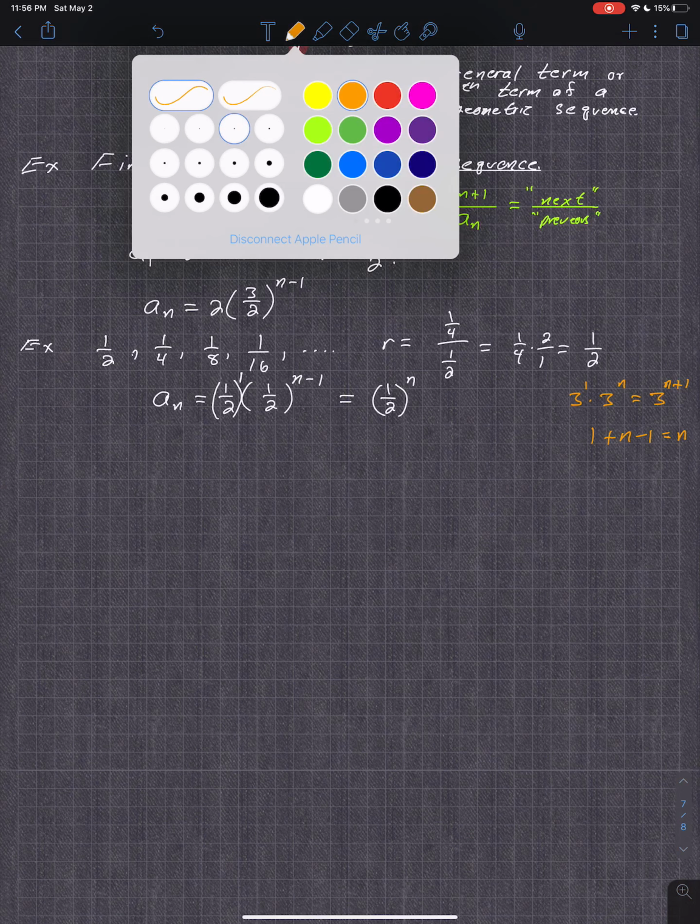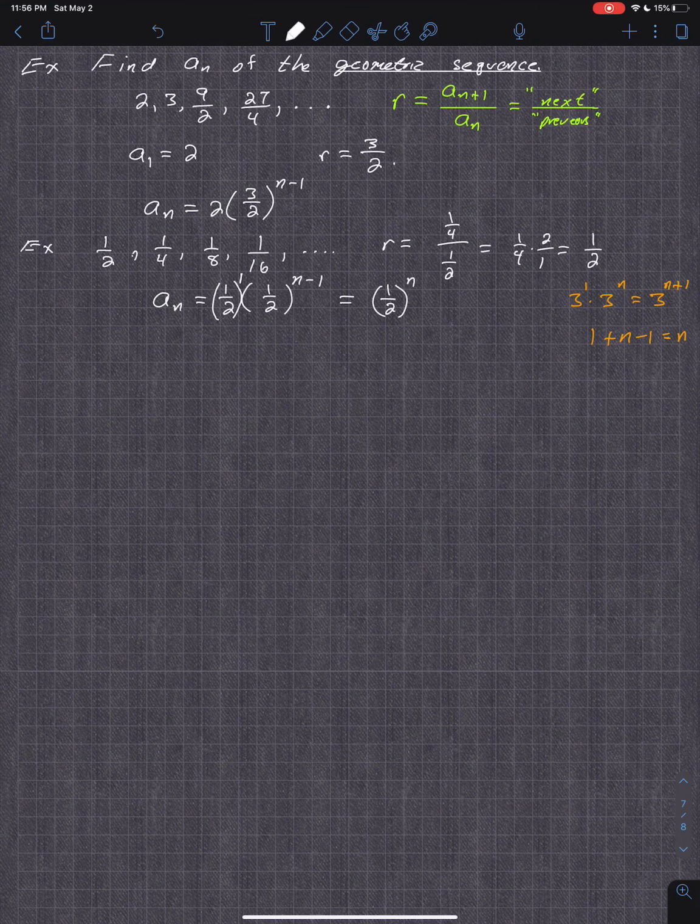Okay, let's do another example. This is not just given a simple sequence like that. All right, so find A sub 1 and R for the geometric sequence A sub n.